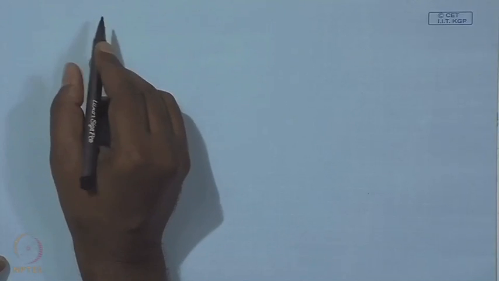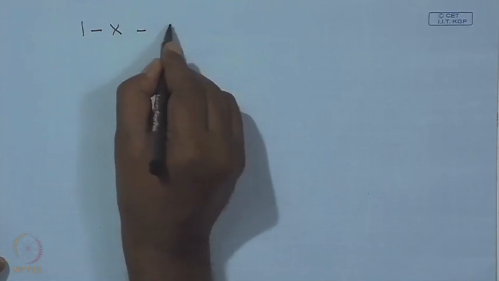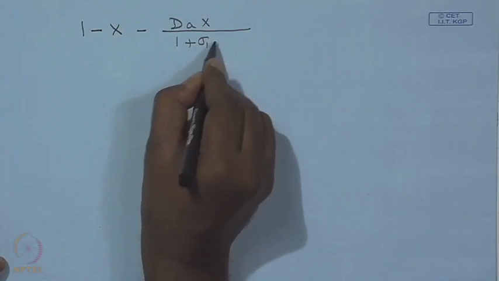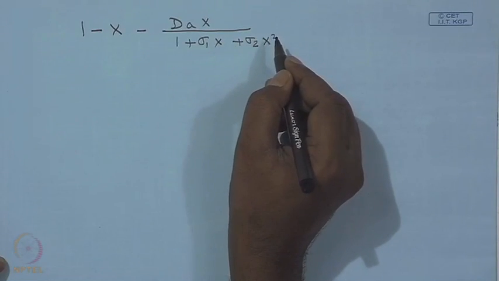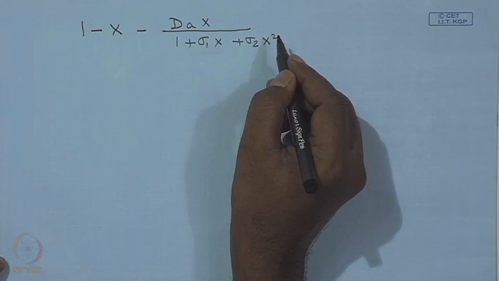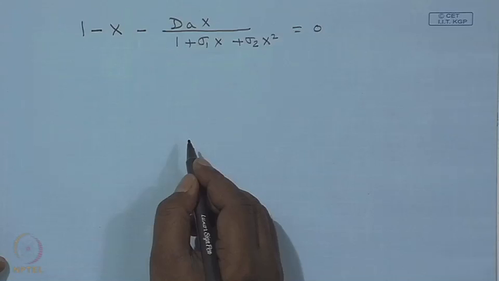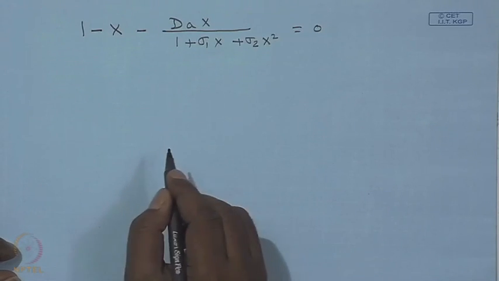Okay. So, again we non-dimensionalize the governing equation, and after non-dimensionalization we will be getting 1 minus x minus Da times x divided by 1 plus sigma 1 x plus sigma 2 x square is equal to 0. The rate expression is slightly different.